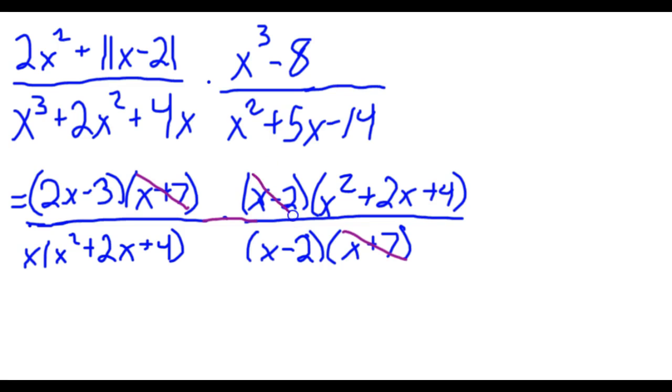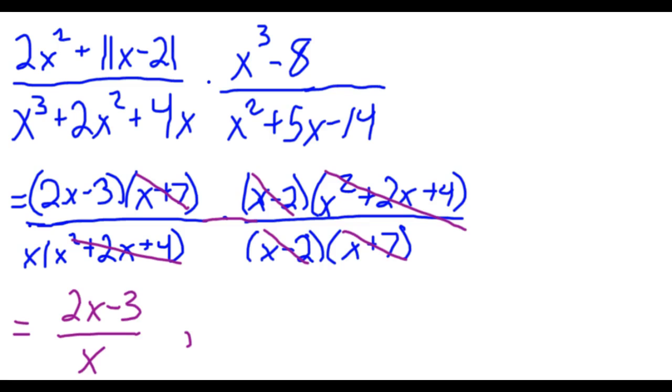We have a factor of x minus 2 and a factor of x minus 2 that cancels out. We have this factor of x squared plus 2x plus 4, x squared plus 2x plus 4 that cancels out. Many things cancel out in this problem. And if we do all that canceling, we're left with 2x minus 3 over x.